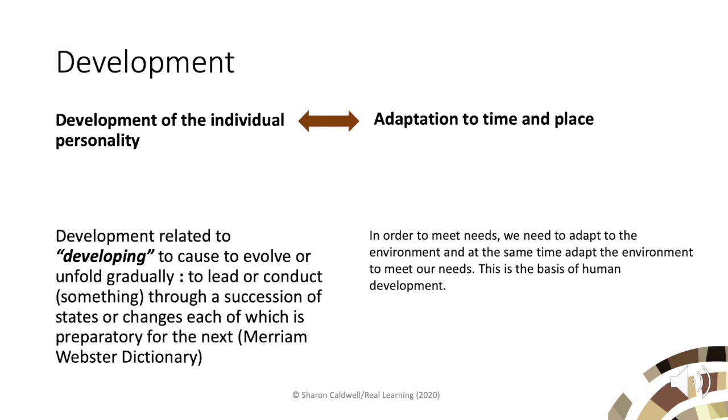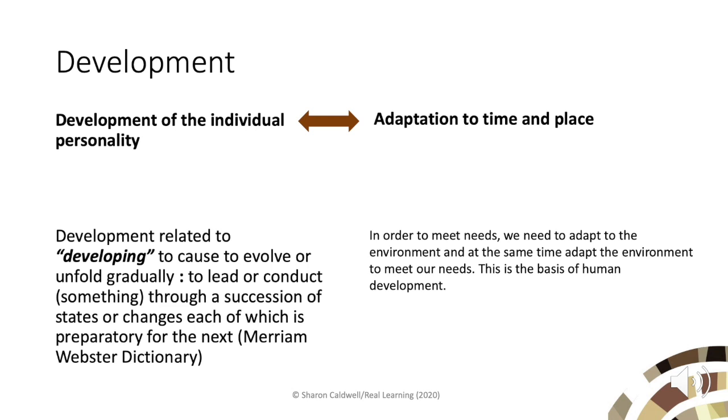Development is obviously related to the word developing, which means to cause to evolve or unfold gradually, to lead or conduct something through a succession of states or changes, each of which is preparatory for the next. So this word development or developing will become very important in the next lecture that I'm going to give you.